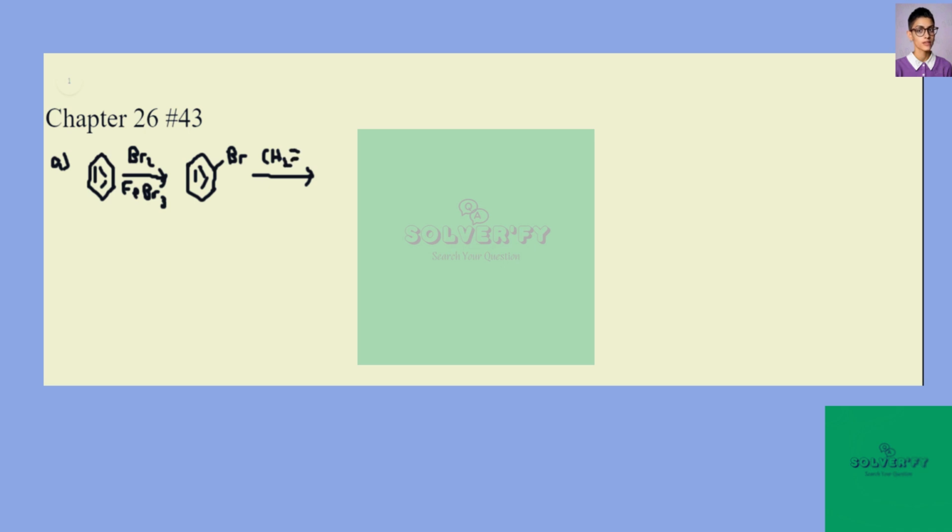We would use ethene, palladium catalyst, P(o-tolyl)3, and triethylamine. I'm going to abbreviate triethylamine TEA. It's a pretty common abbreviation that you'll see. So there we go, triethylamine TEA, and that is going to get us to styrene.